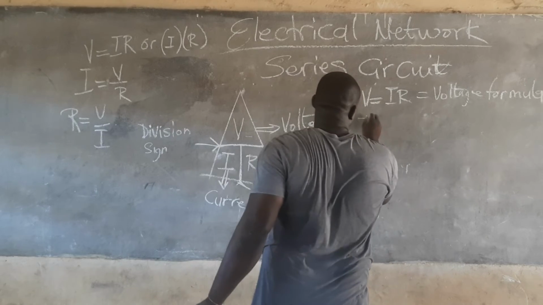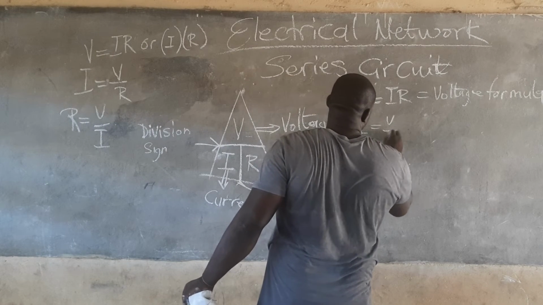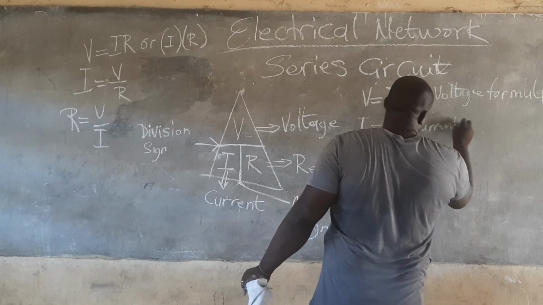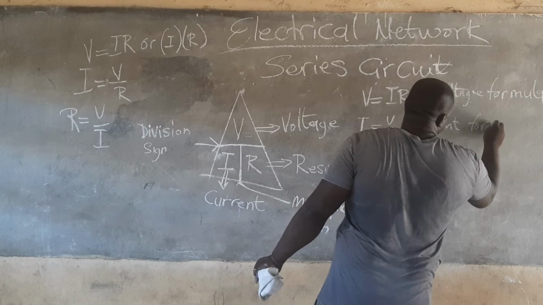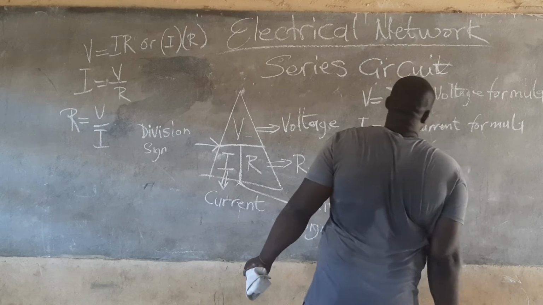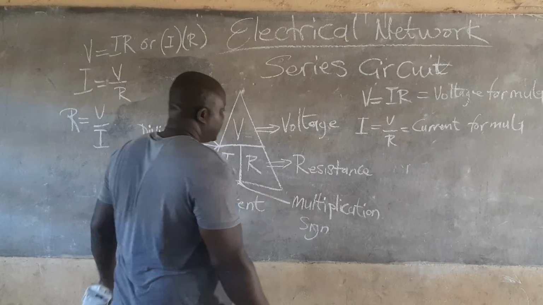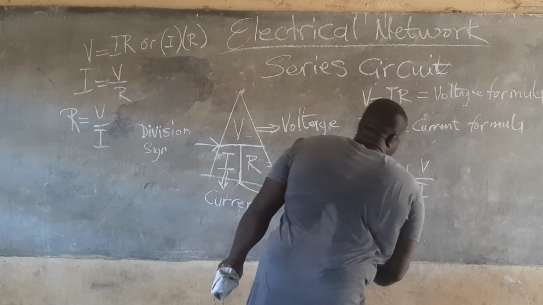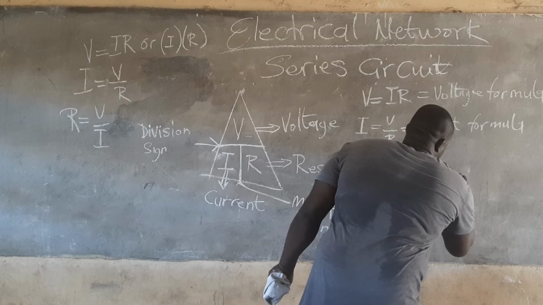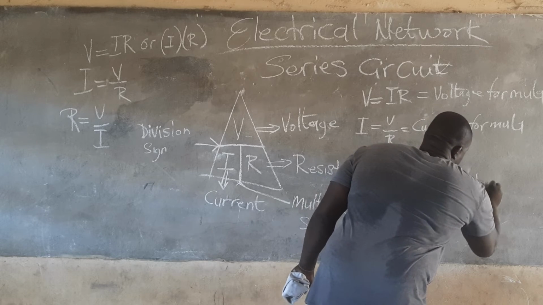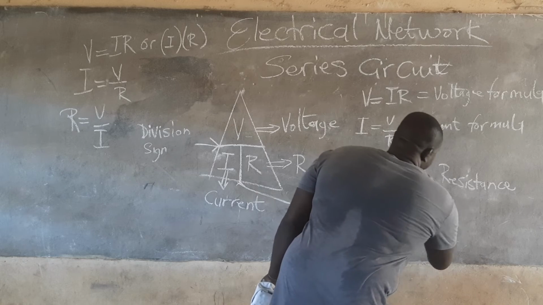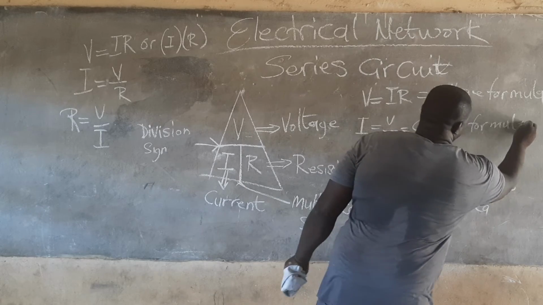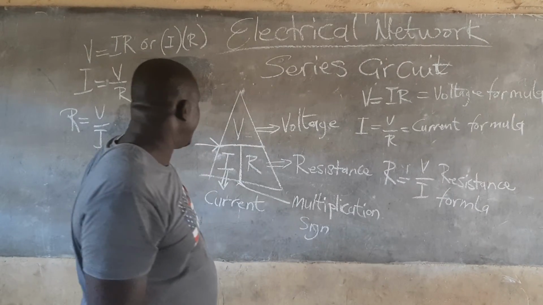And this one is a current formula, which is I is equal to V over R. And this one here is a resistance formula, which is R is equal to V over I. It's a resistance formula. Okay. So I hope you understand this.